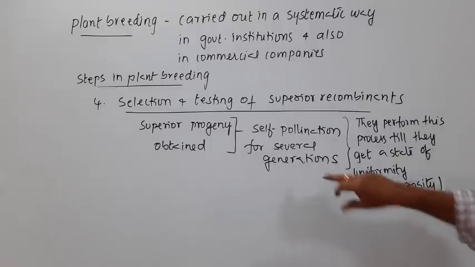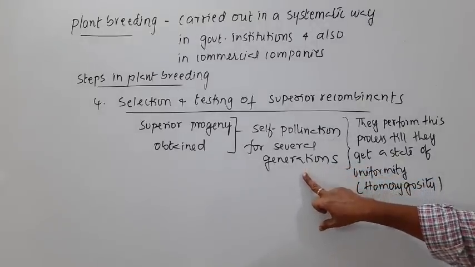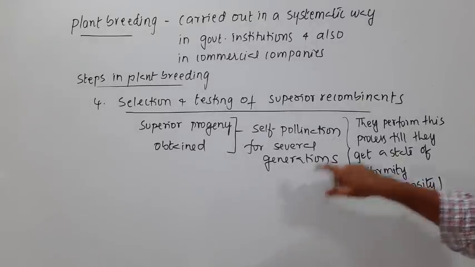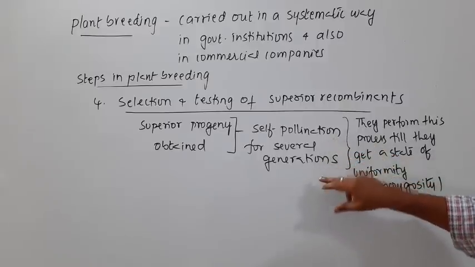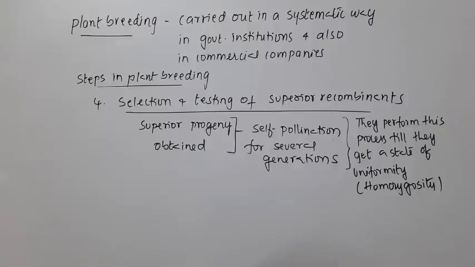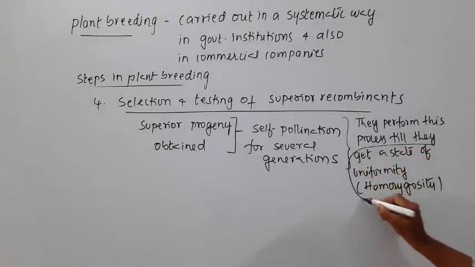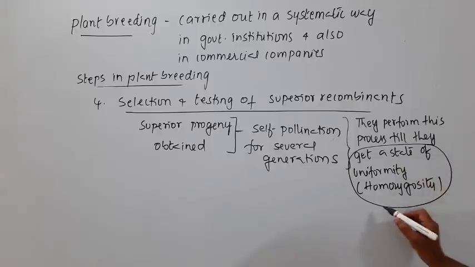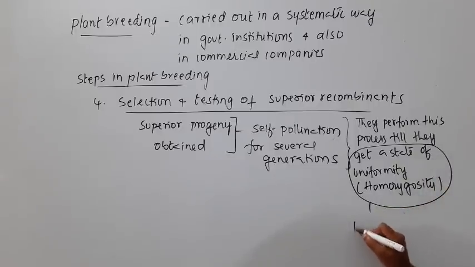The superior progeny that we obtain is self-pollinated for several generations, and this will help in obtaining pure lines, a state of uniformity. This is what we call simply pure lines.